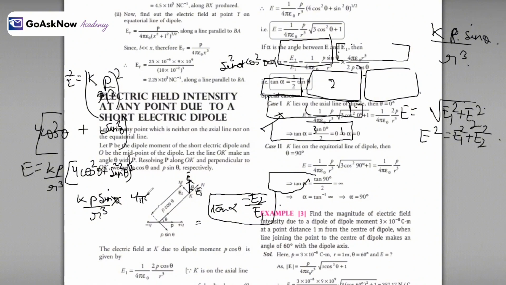So 4 pi epsilon naught r cube upon 2p cos theta. Now the k and 4 pi epsilon naught will cancel out, r cube will cancel out, and p will cancel out here, and you will be left with tan alpha equal to 1 by 2 tan theta. This is the relation we are getting here. You should remember this also: tan alpha is equal to 1 by 2 tan theta.